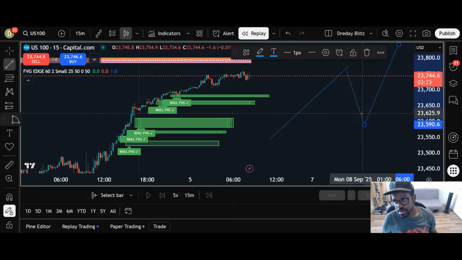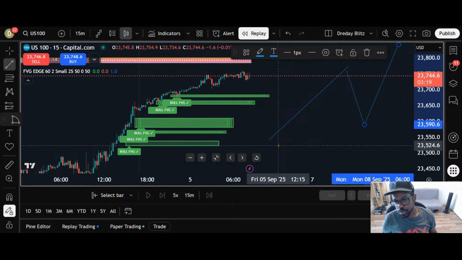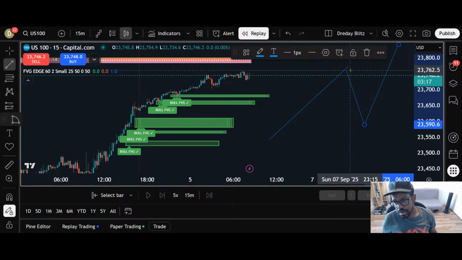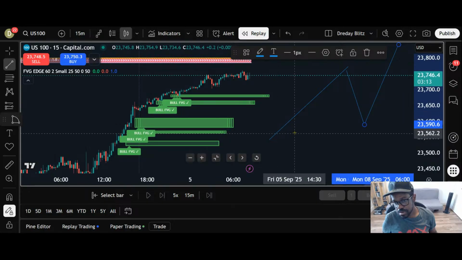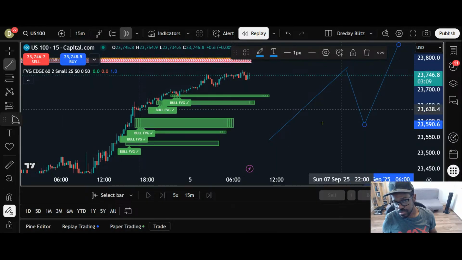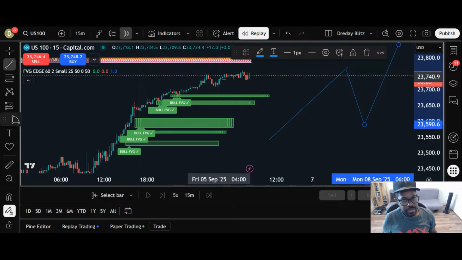So this is what we're supposed to be expecting. Right now we're in that leg, so we should have a retracement here at the bottom, going down at least 50% if you put a fib, to go higher.